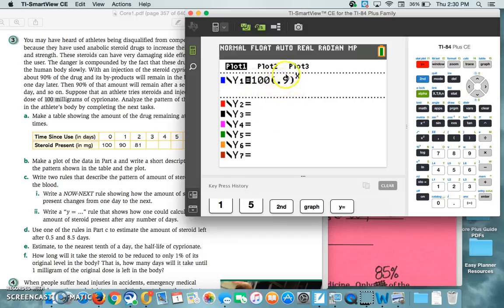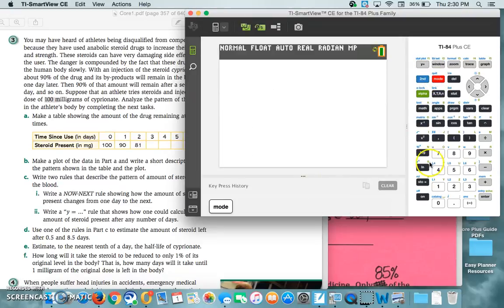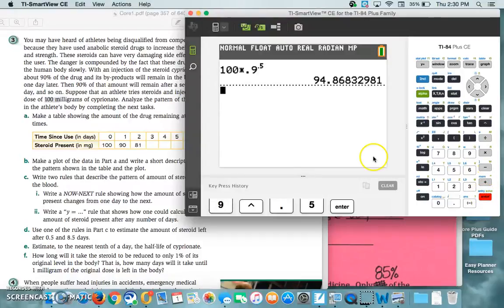Our factor of multiplication would be 0.9 starting at 100. And then we want to use this rule to determine how much of the steroid would be in our body after half of a day. We would do that on the home screen: 100 times 0.9 raised to the 0.5, because we're looking for half a day, and we have about 94.86 milligrams of the steroid still in the body.